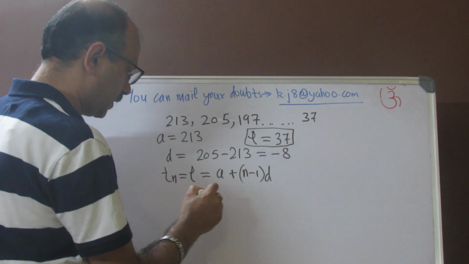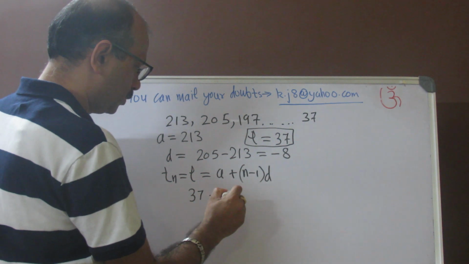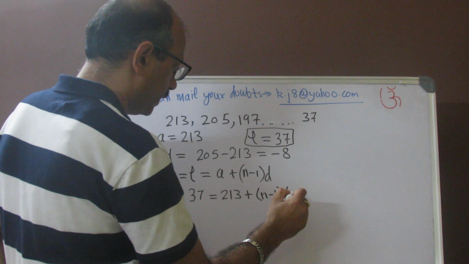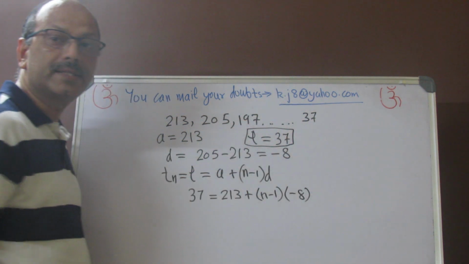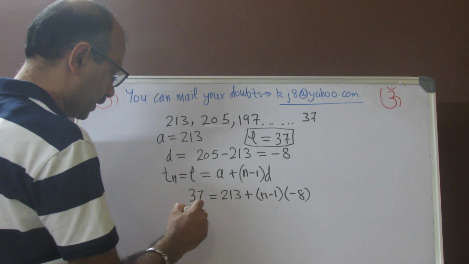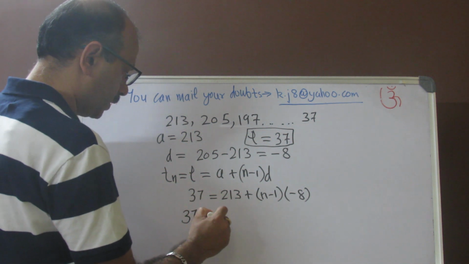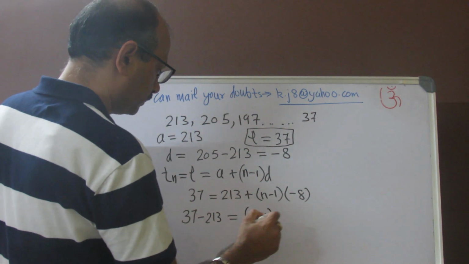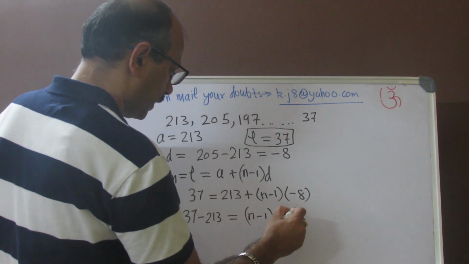Last term is 37, A is 213 plus n minus 1 into D, which is minus 8. Then we simply solve it. So you get 37 minus 213 equals n minus 1 into minus 8.